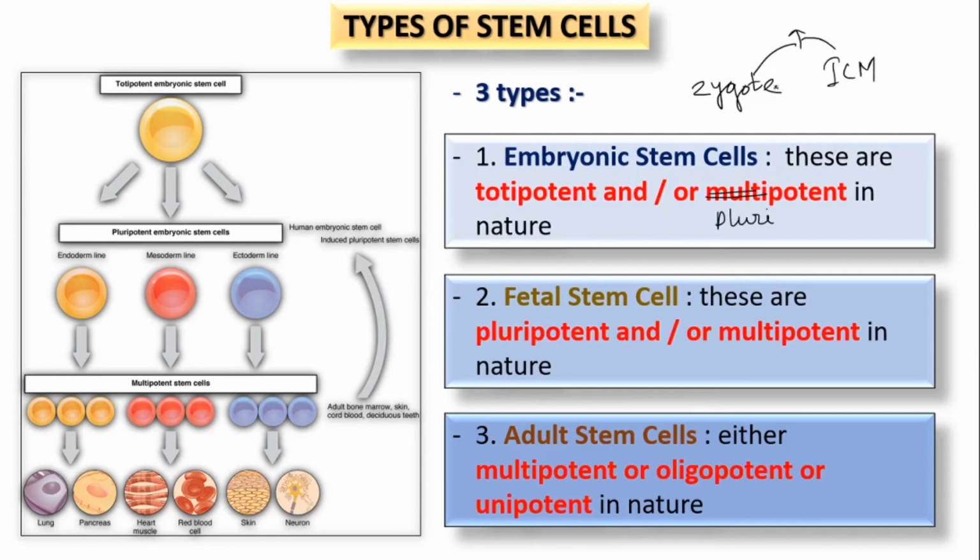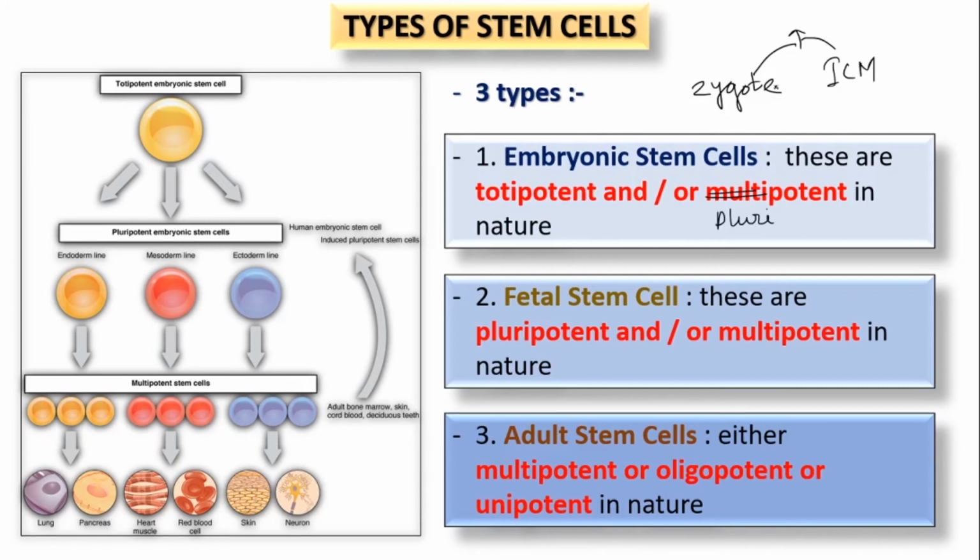These stem cells can either be pluripotent or multipotent in nature, but cannot be totipotent, because the embryo grows into a fetus, and the fetus is formed only by the ICM, not by the trophoblast. So the fetus can show either pluripotency or multipotency of the stem cells.